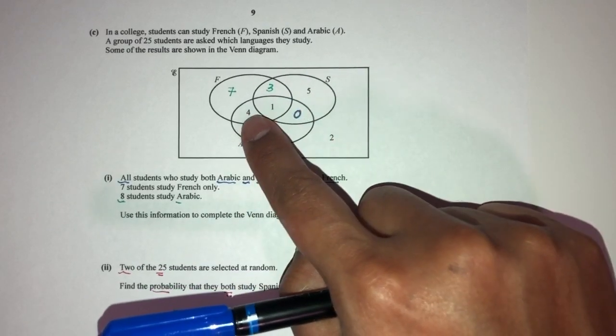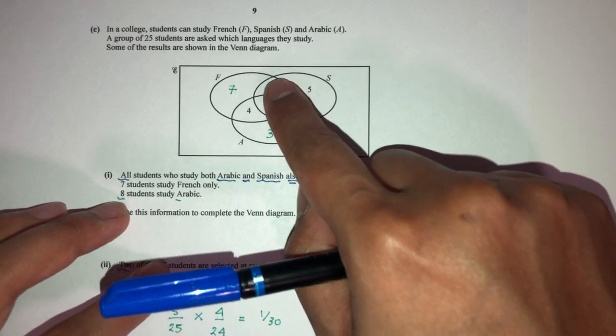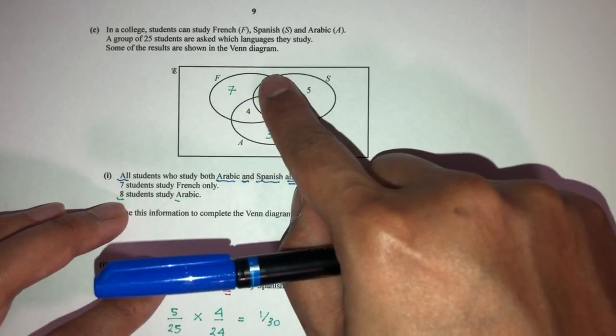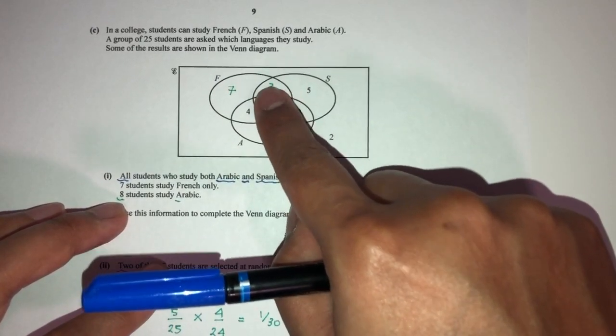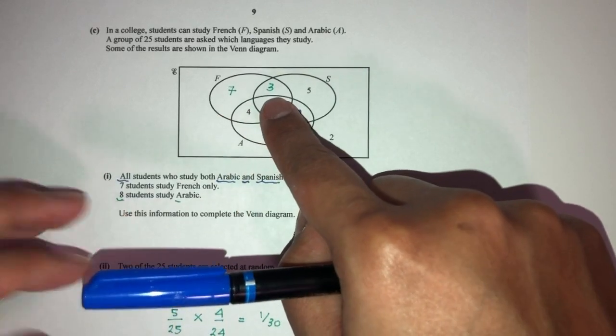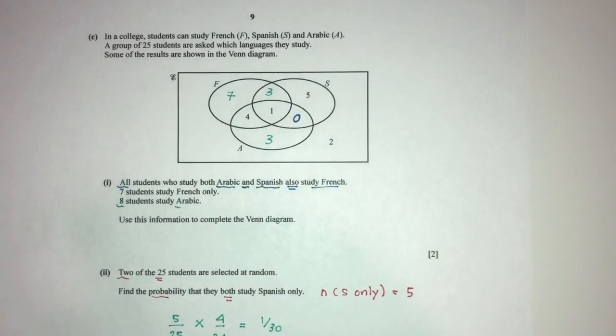So only Arabic will be 4, right? Okay, let me explain again. We have French people over here. This group represents French and Spanish, right? This group represents French and Arabic. Now, only one of them studies Arabic.